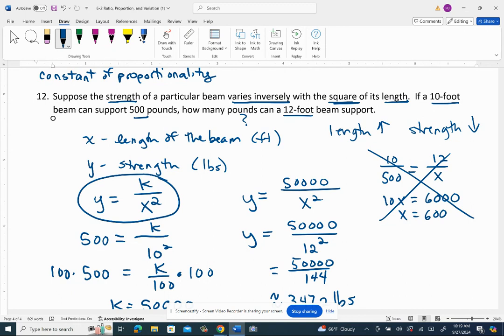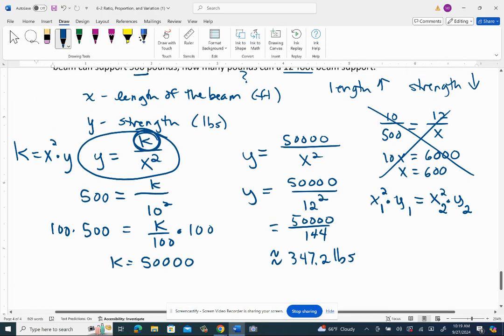With inverse variation, what you could equate, if you wanted to, is this: if I work out what k really is, k is x squared times y. So if I have one particular situation, like the 10-foot beam holding 500 pounds, I could equate that with some other situation, like a 12-foot beam supporting 347.2 pounds.